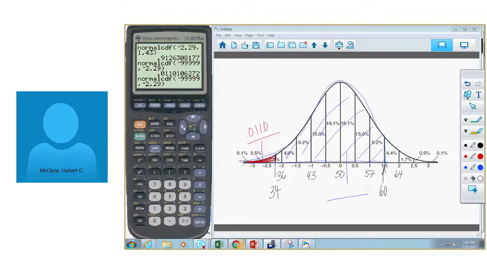What was 60? 1 point what? 1.430. Enter. And that's 0.9236. Now somebody take 0.9236 and subtract 0.0110, and what do you get?